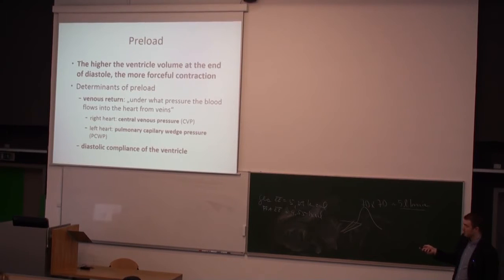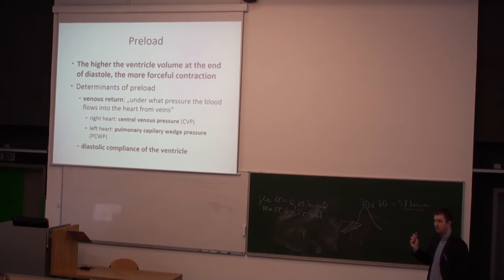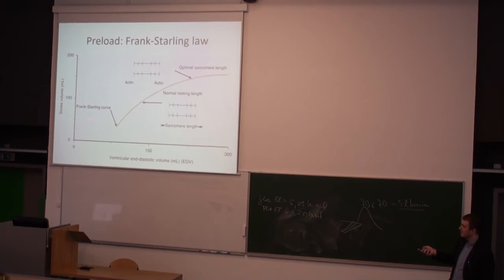The second important characteristic is the compliance of the ventricle. Since you want to dilate the ventricle, this is dependent on the quality of the ventricle or atria wall. So if the compliance is okay when the heart is healthy, then you will gain this type of curve.